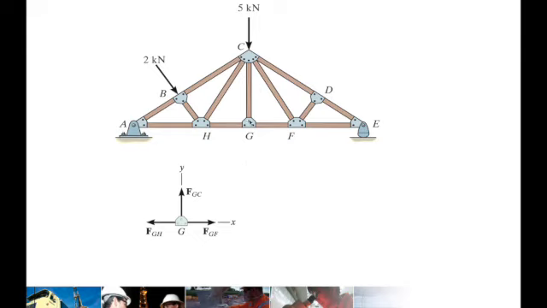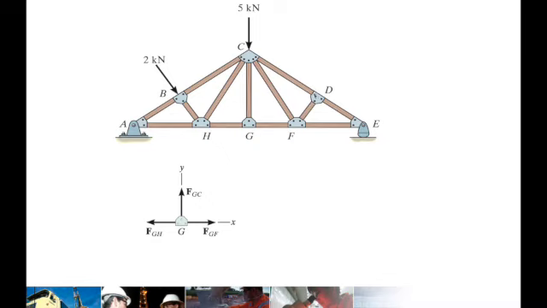That happens to be member GC. Okay, so that's 1. The next candidate would be joint C, which is composed of 1, 2, 3, 4, 5, 6 forces. So it's not in the criteria. We are only looking for 2 or 3.